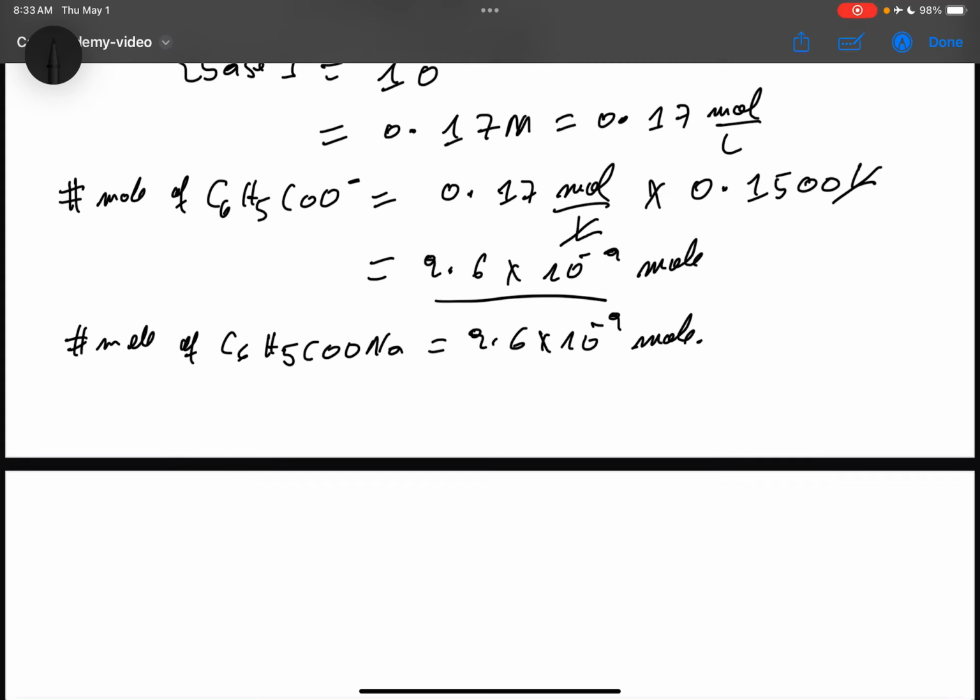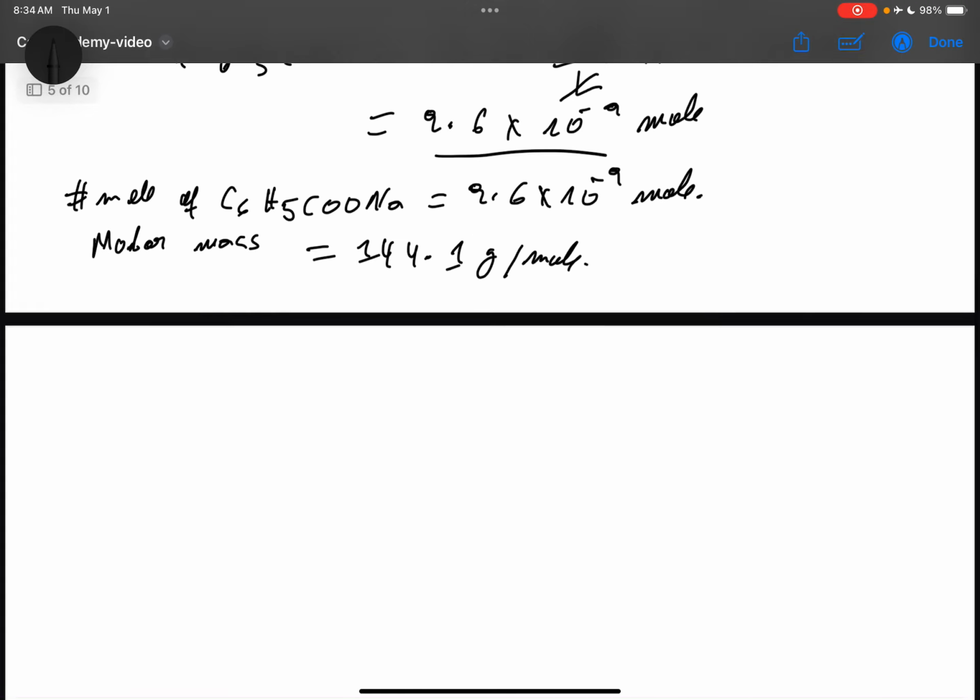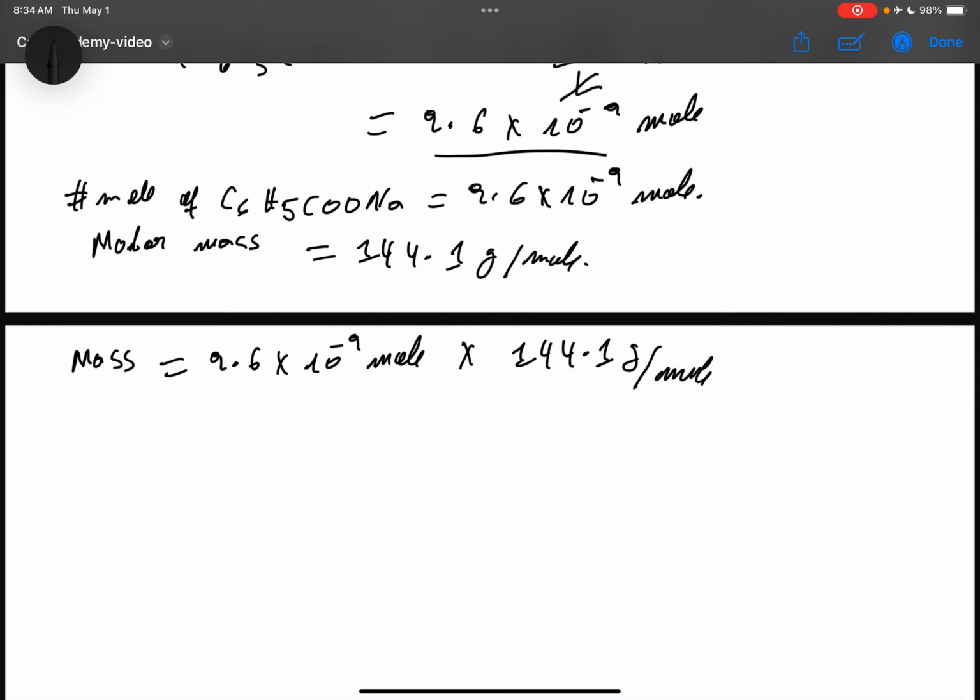And we can easily calculate the mass of the sodium benzoate by using the molar mass. The molar mass is equal to 144.1 gram per mole. And the mass is equal to 2.6 times 10 to the power minus 2 mole times 144.1 gram per mole, which is equal to 3.7 gram.